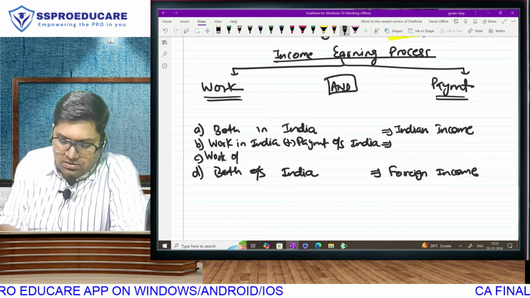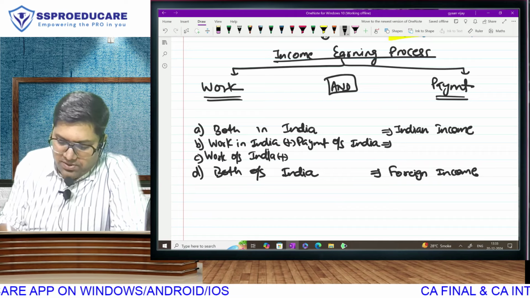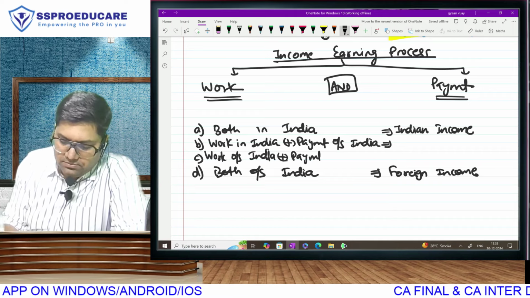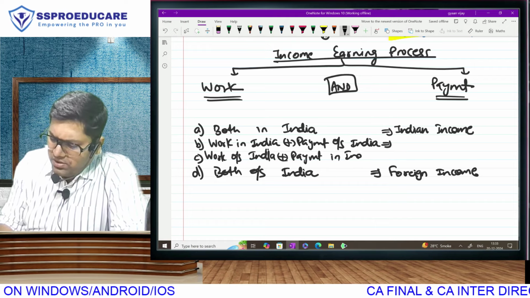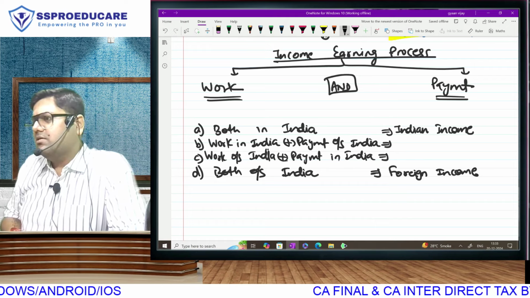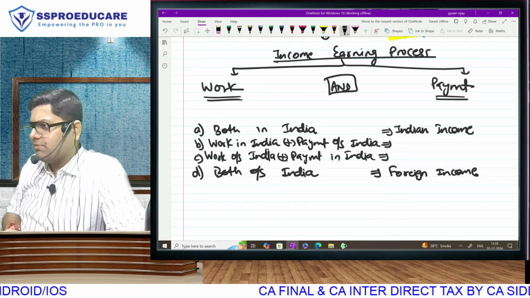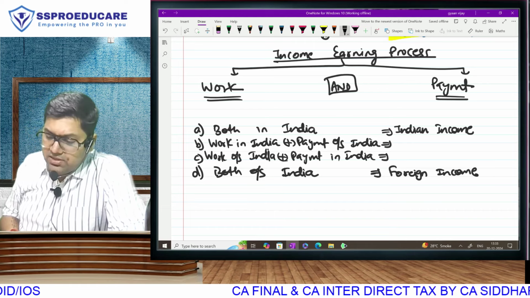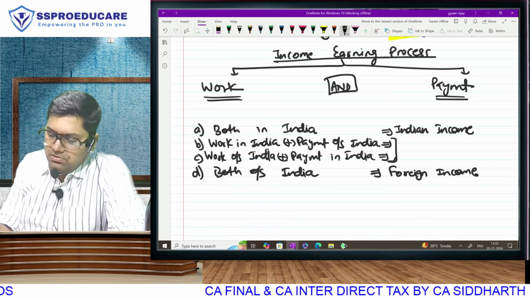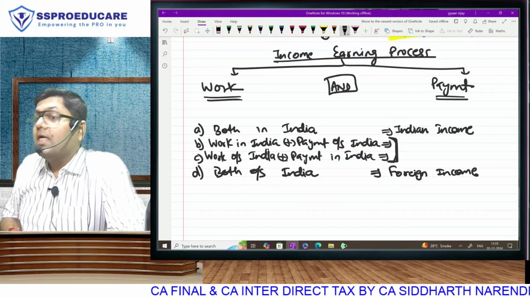Work done outside India and payment received in India. Take the Indian cricket team. Right now they are working in Australia. They finish their matches. They come back and for the entire tournament, we make their payment in India. Is that possible? So whether these two incomes will be Indian income.